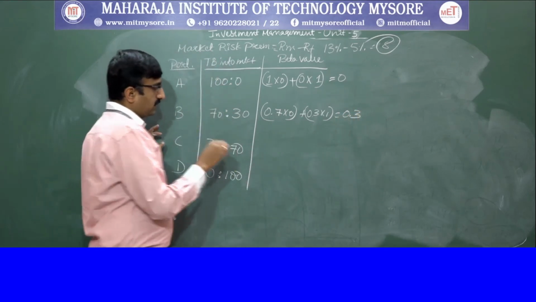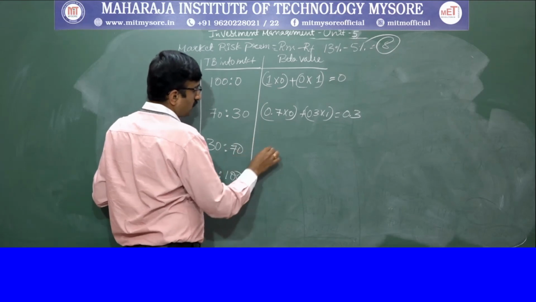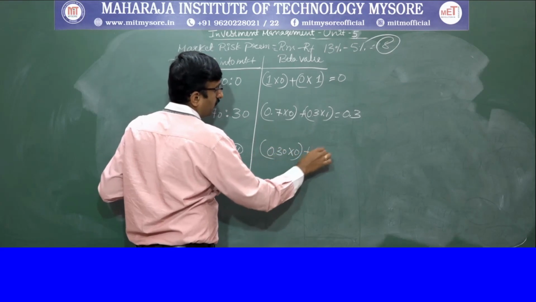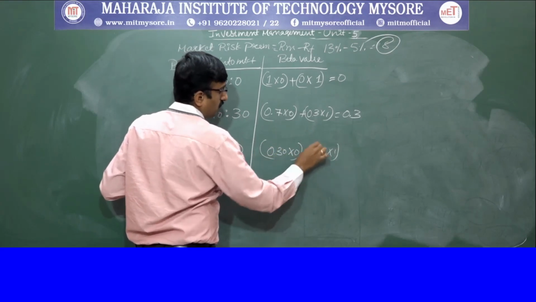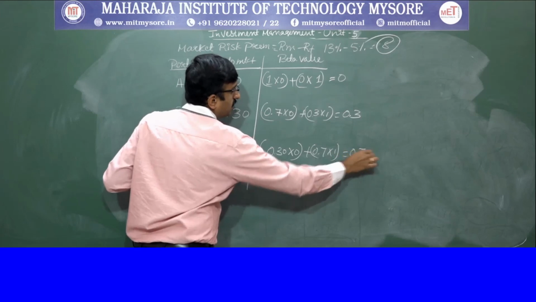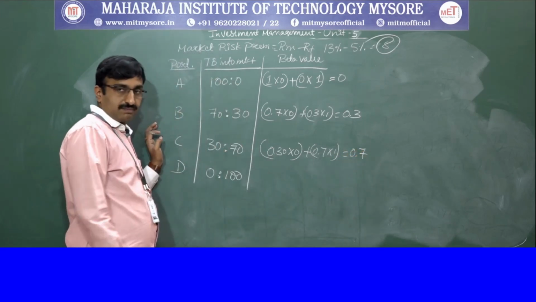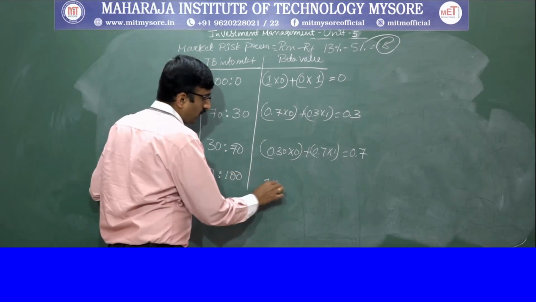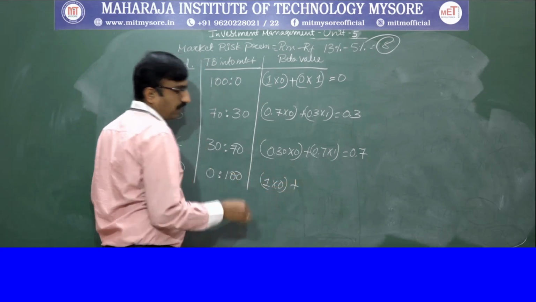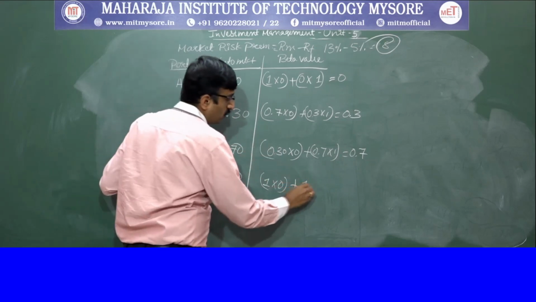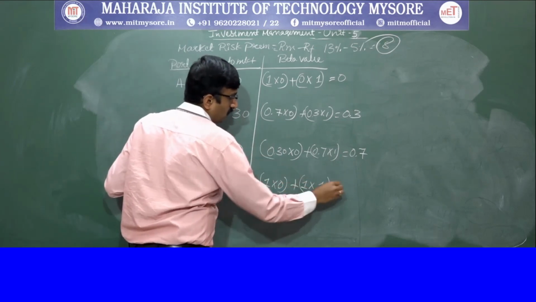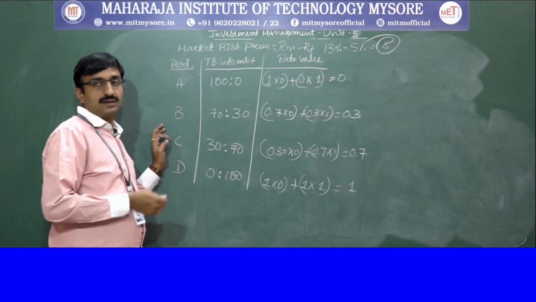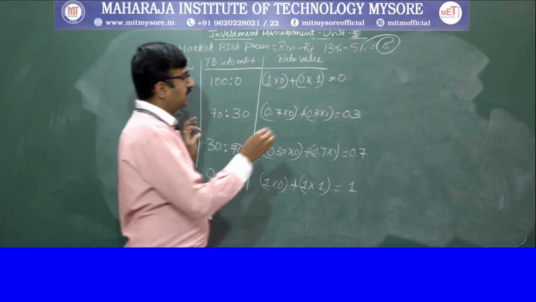Next, 0.3 into 0 plus 0.7 into 1, you will get exactly 0.7. Next, 1 into 0 plus 1 into 1, you will get 1. This is the beta. Got it?